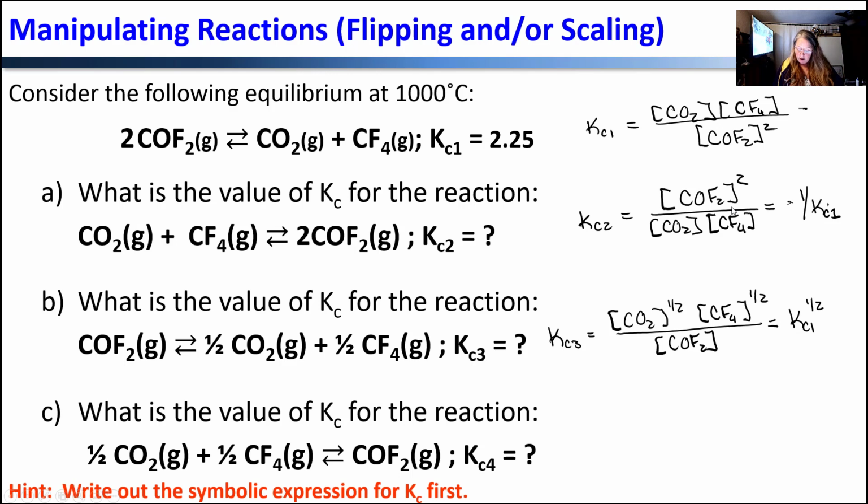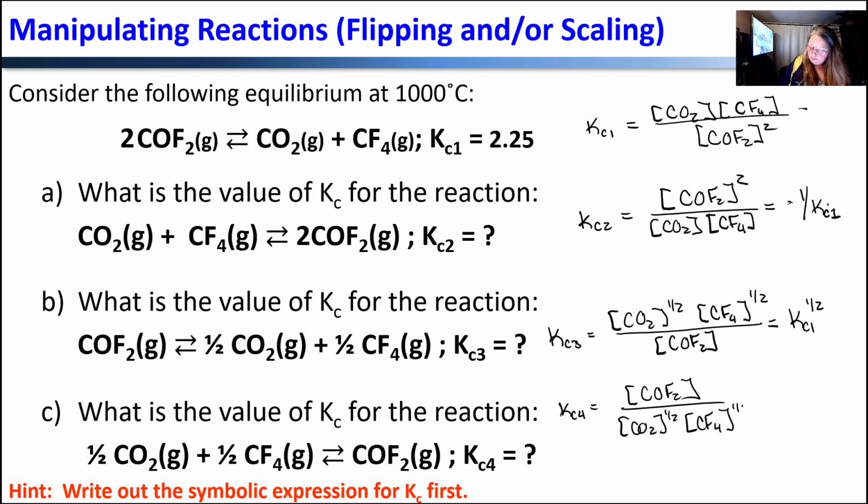Oh dear, we went all sorts of wild here. We flipped it and cut it in half. Oh my. So Kc4 then is going to be, let's see, the COF2 is going to come up top, divided by CO2 to the 1/2 and CF4 to the 1/2.